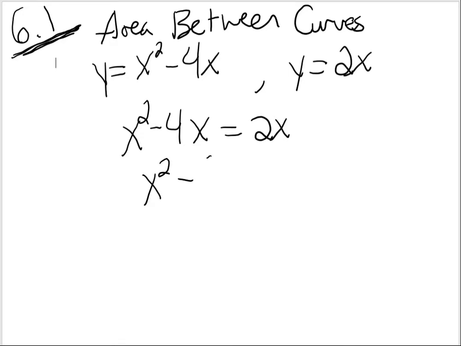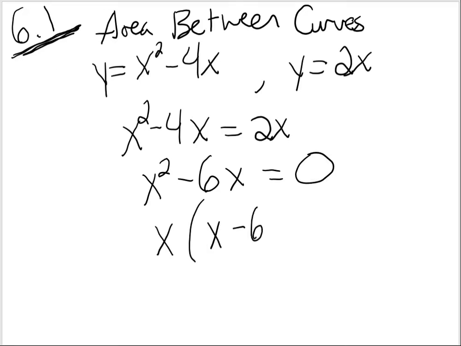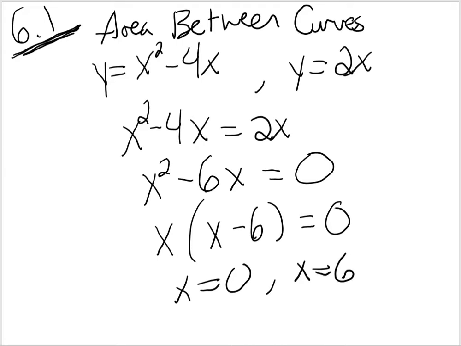Then you can find that this is x squared minus 6x equals 0 by subtracting 2x from both sides. Factor out an x. So that gives that x is 0 or x is 6. Okay, that at least gives me my other information I wanted to do this integral.